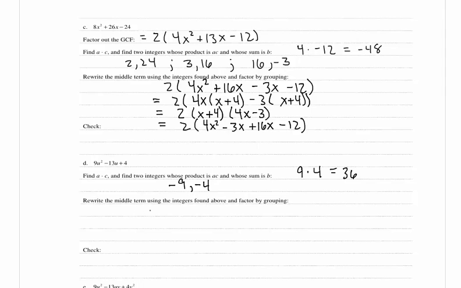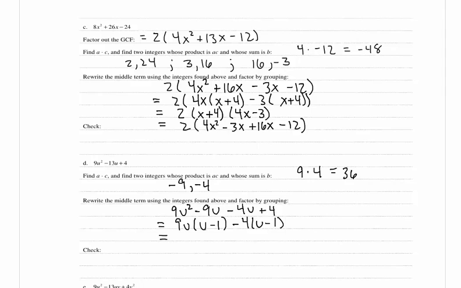So we're going to rewrite the middle term using the integers from above, and we get 9u squared minus 9u minus 4u plus 4. And now when we factor by grouping, we're going to factor out a 9u from the first two terms, and then we get u minus 1. And in the last two terms, we're going to factor out a negative 4, and we have u minus 1.